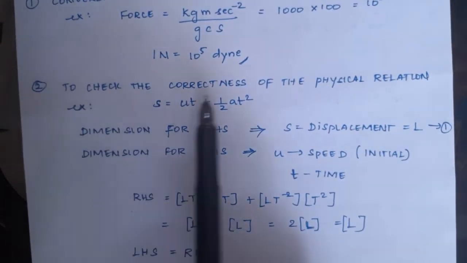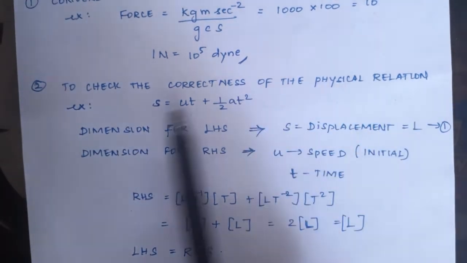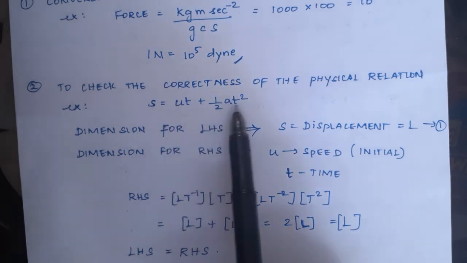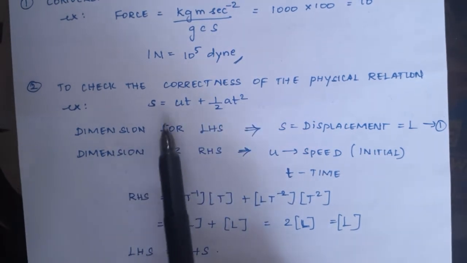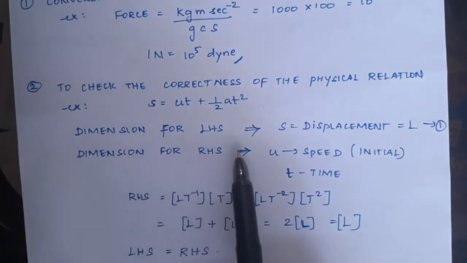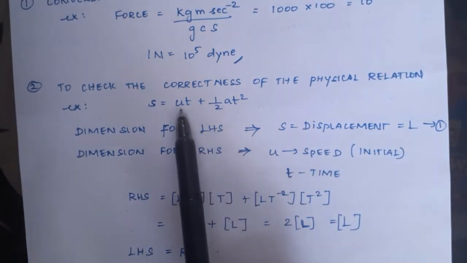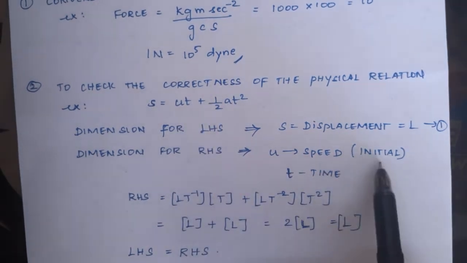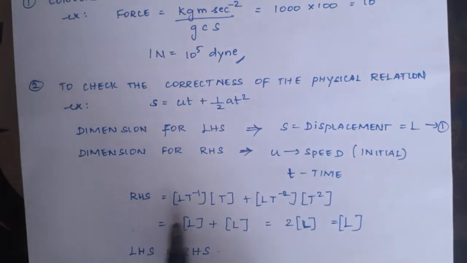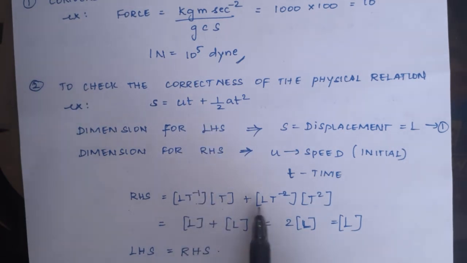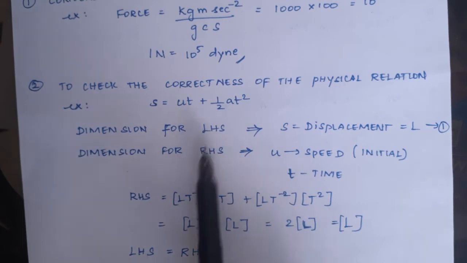Then, to check the correctness of physical relations, say for example, we know one of the equations of motion, S equal to ut plus half at square. The dimension of LHS: S is displacement, which is L. For the right hand side, u refers to initial speed, a acceleration, t time. Speed is nothing but velocity, L T power minus 1, again time is T, plus half is a constant with no dimension at all.